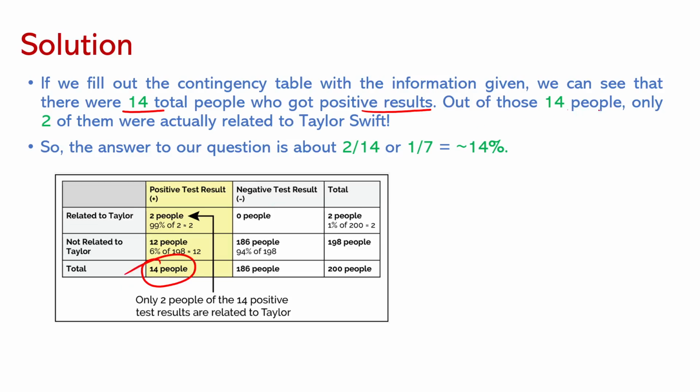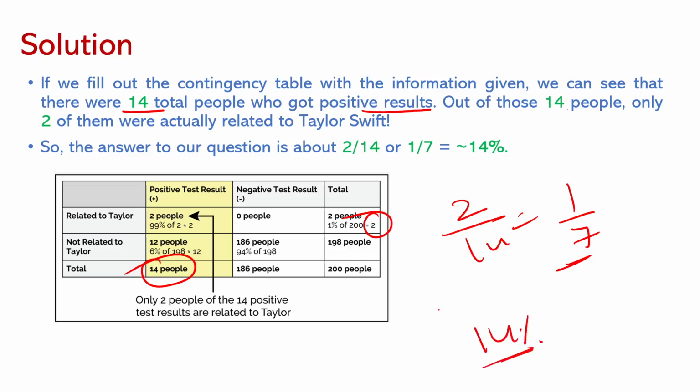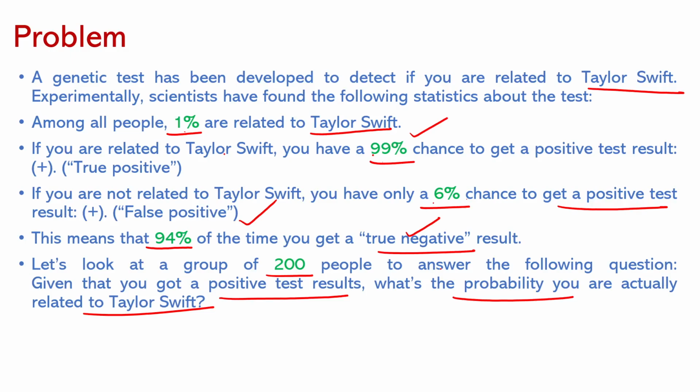Out of these 14 people, only 2 of them were actually related to Taylor Swift, that we have found out. So that is 2 by 14, that is 1 by 7. Therefore, it is about 14% probability that the person belongs. See, what is the probability that you are actually related to Taylor Swift, given that you have got a positive test result?